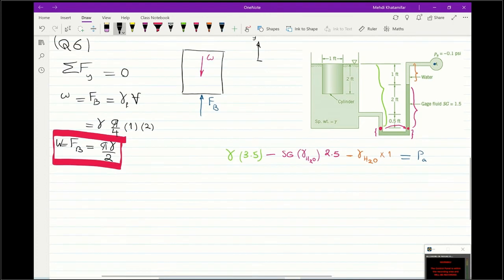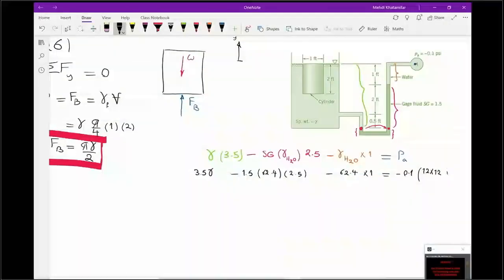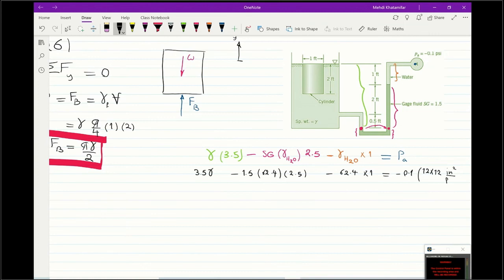Let's plug in the numbers. So 3.5 gamma minus Sg is 1.5, times 62.4, times 2.5, minus 62.4 times 1 must be equal to negative 0.1 psi, so I need to convert it. 12 times 12 inch square to foot square, so basically I convert it to pound per foot square.